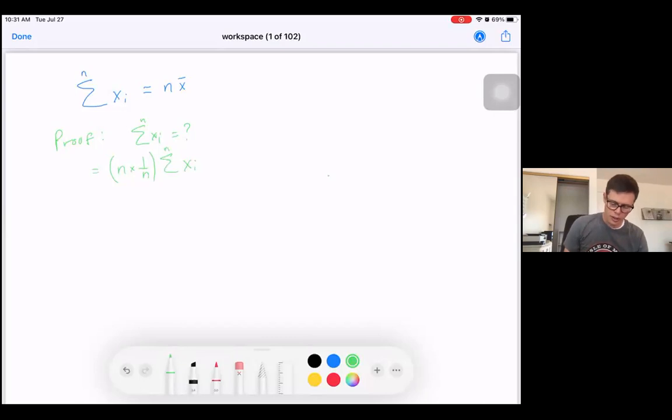All we're doing is pre-multiplying this summation by 1. And then I'm going to notice that this is equal to n times 1 over n, the sum of xi's. And I can notice that this right here is just the average of x. So the sum of all the xi's is equal to multiplying the average of x by the sample size.